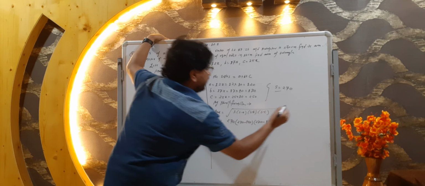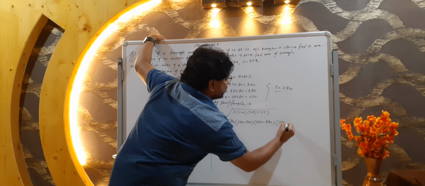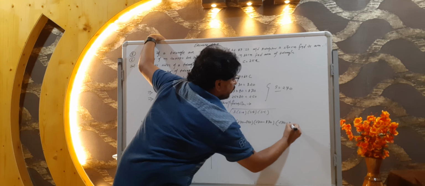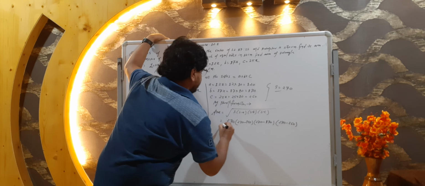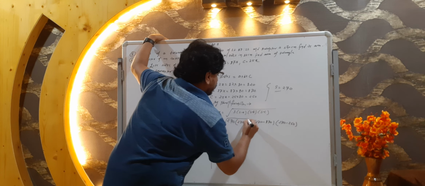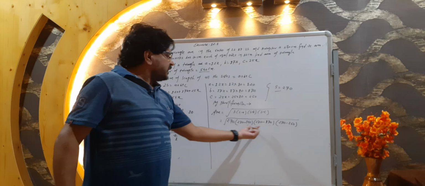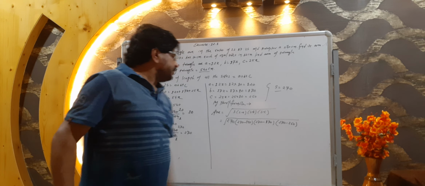Similarly, s minus c. s is 270, and what is the value of c here? The value of c is 250. Okay? Clear? s minus a, s minus b, s minus c.